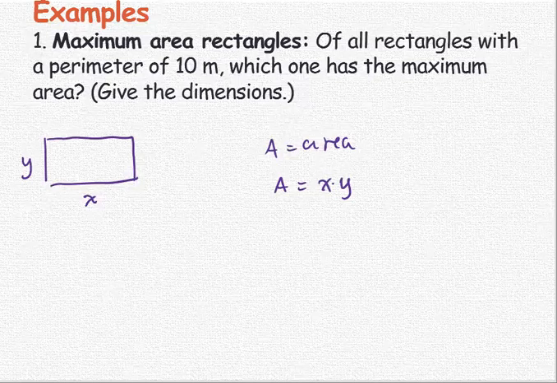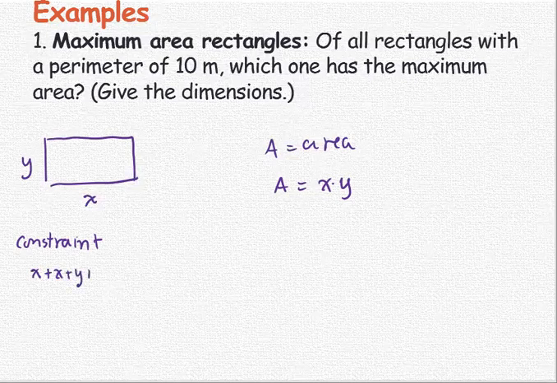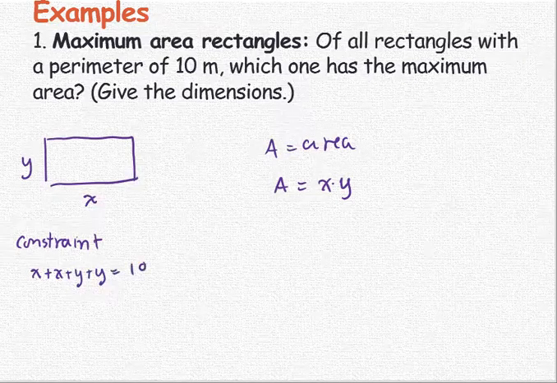Of all rectangles with a perimeter of 10 meters, that is the constraint of this problem. The perimeter is the sum of all measurements surrounding the figure. Then the constraint is x plus y equals 10.